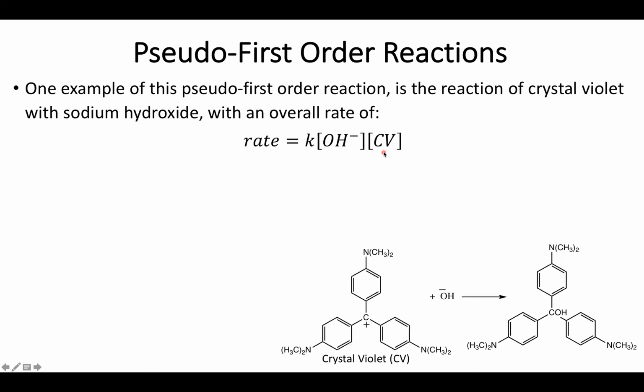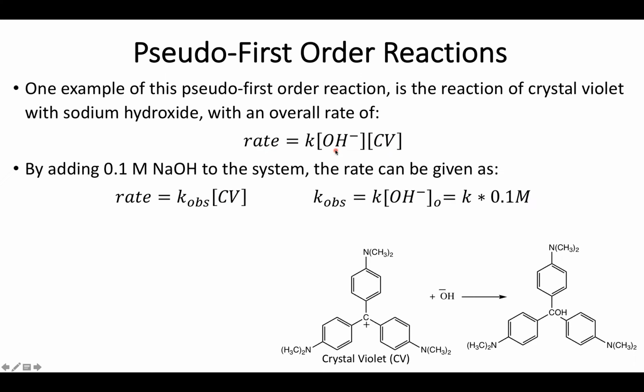But the concentration of crystal violet is going to be usually fairly low, on the order of 10 to the negative fifth. In contrast, if I go ahead and set the system to having a 0.1 molar concentration of sodium hydroxide, it turns out that observed rate constant will stay fairly static.